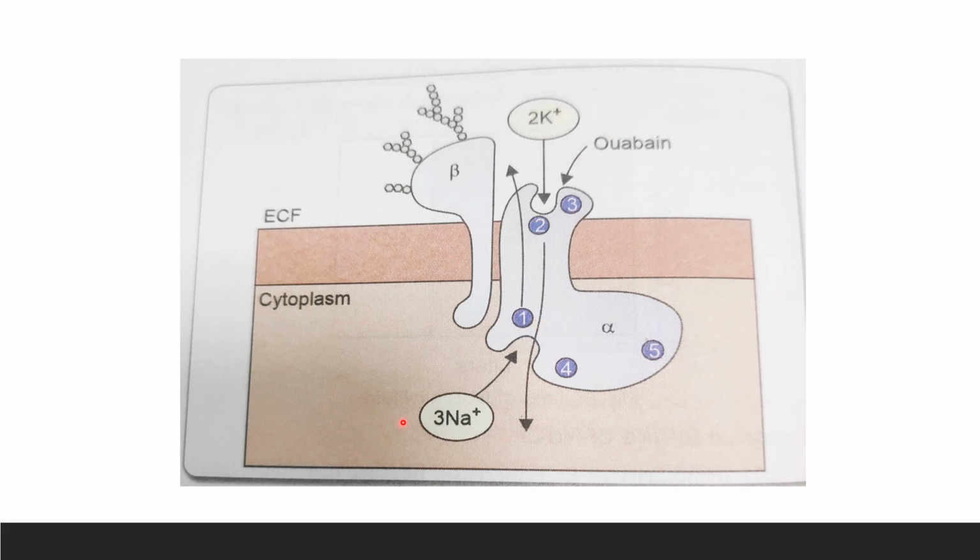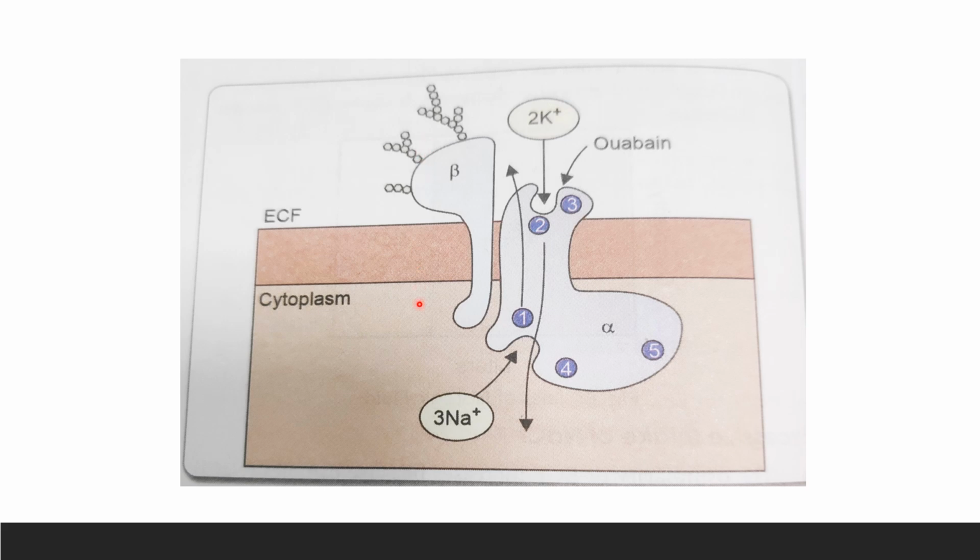The normal tendency is that this intracellular negativity will try to retain the positive sodium ion inside. But the sodium is moving outside against the electrical gradient also. So the sodium is moving against both its concentration and the electrical gradient.